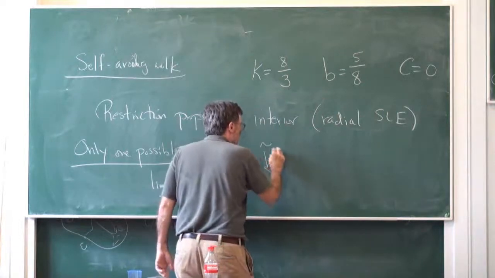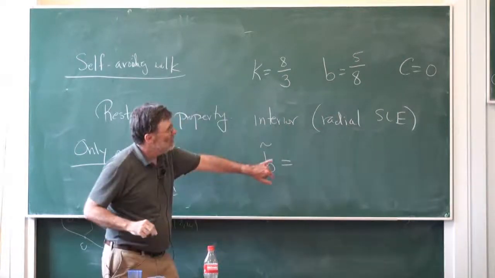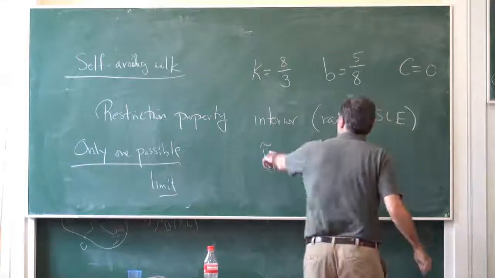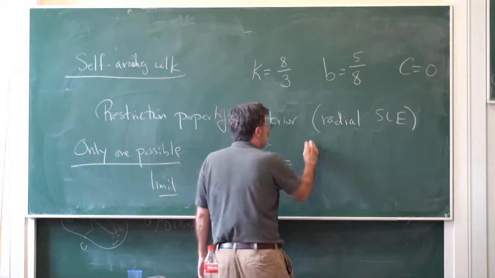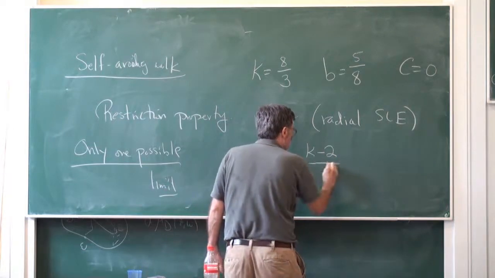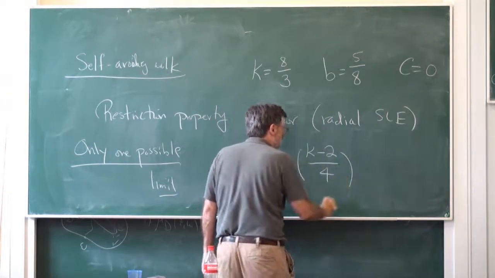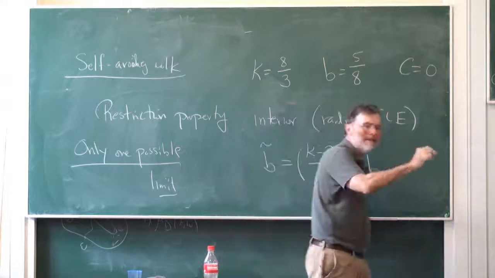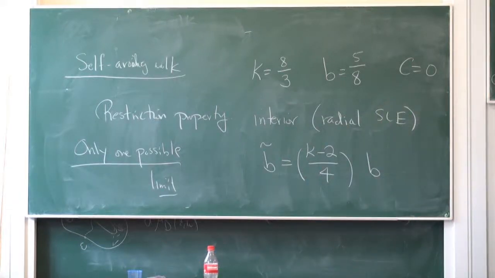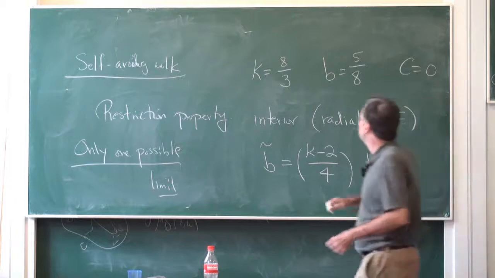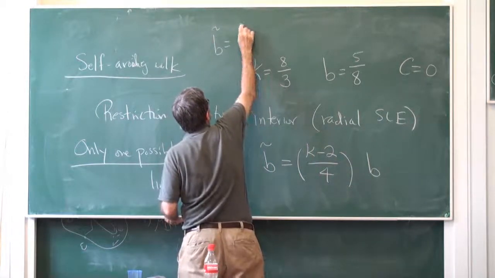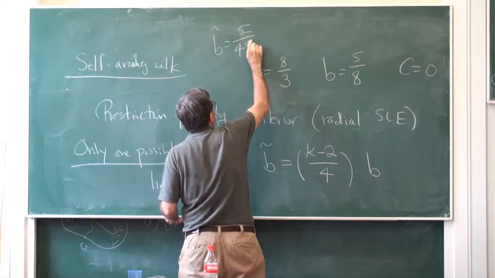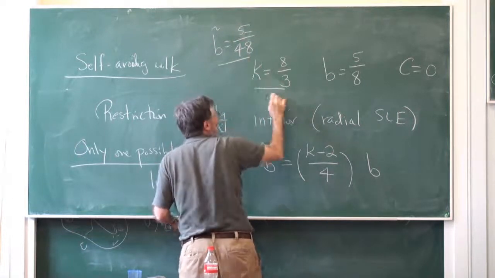But you can actually work out in general the interior exponent, what I called B tilde yesterday, turns out to be kappa minus 2 over 4 times B. And for SLE 8/3 it is equal to this.